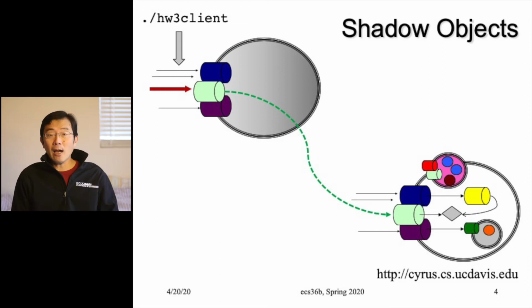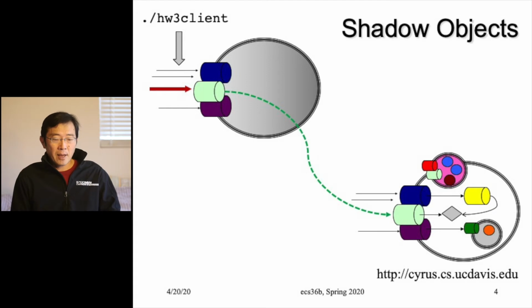Now your application, when it tries to invoke one of the member functions, for example getDistance, like what you have done in your homework assignment number 2, performs this function.